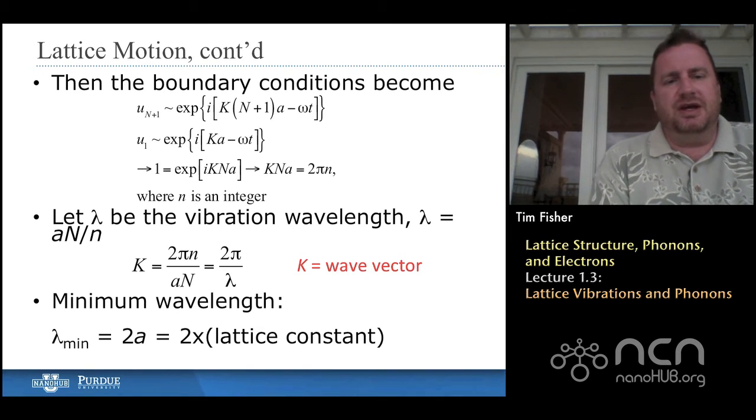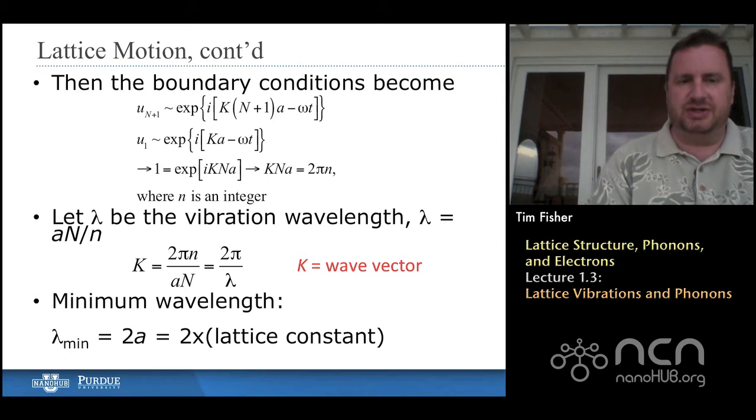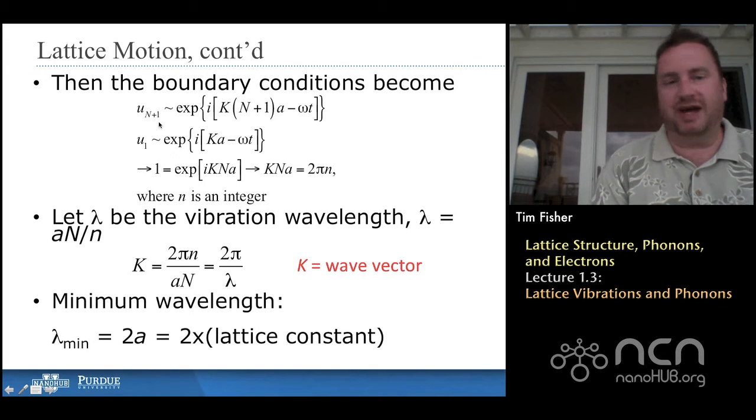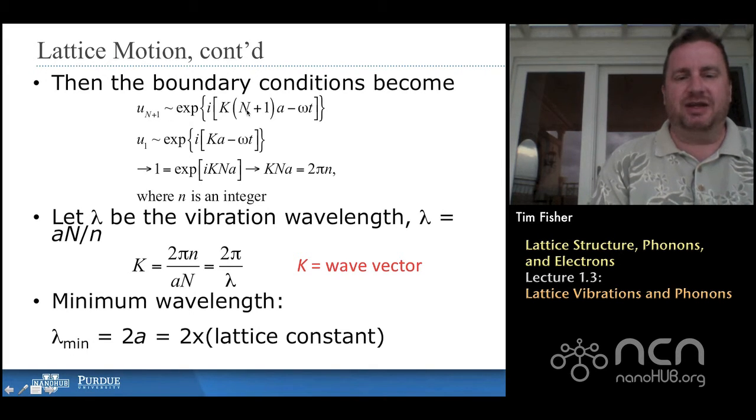So when we plug in that solution, we have boundary conditions. So the boundary conditions that we put on the capital N plus 1th atom, which is also the first atom in the chain, will look like this. So if we just blindly put in capital N plus 1 for the number index, we would come up with this plane wave expression.